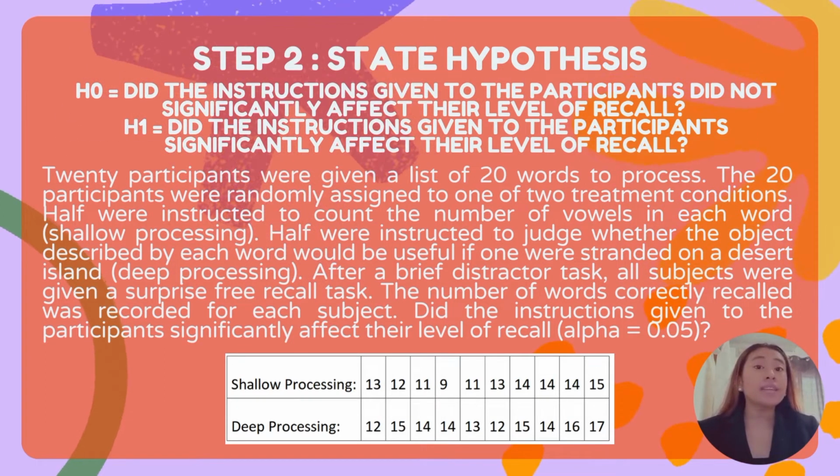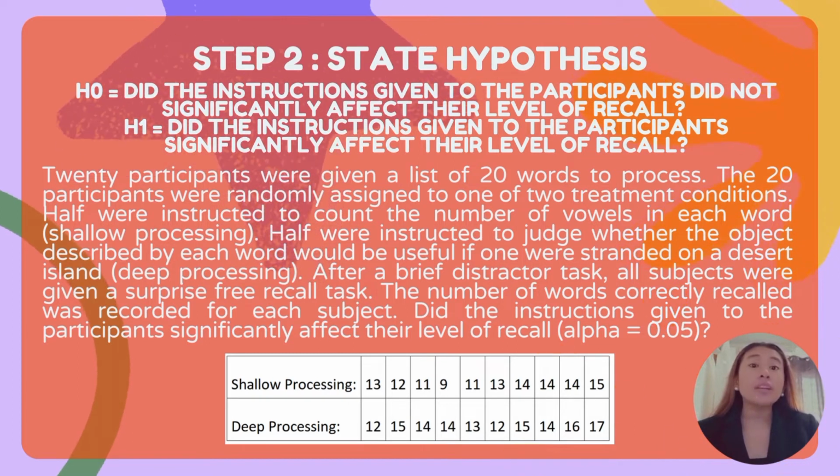Therefore, in stating the hypothesis, we are just going to base it on step 1, which is our statement of the problem, and we are going to determine the null and alternative hypothesis from it.